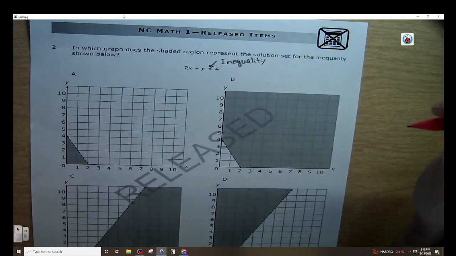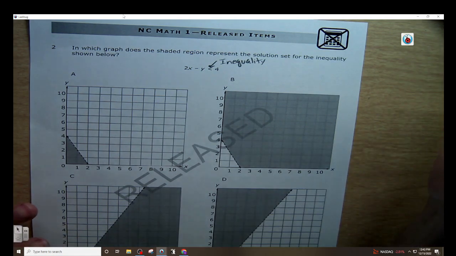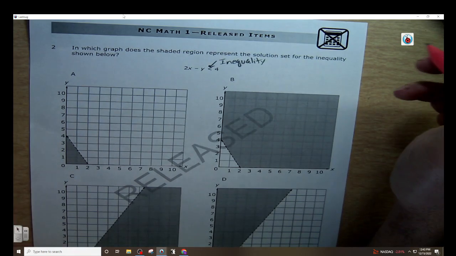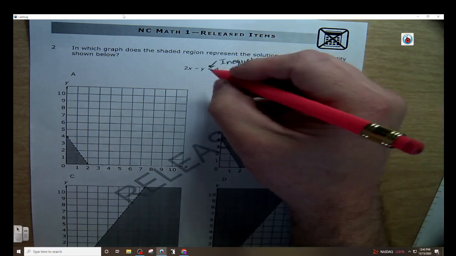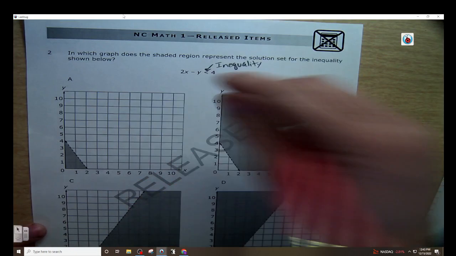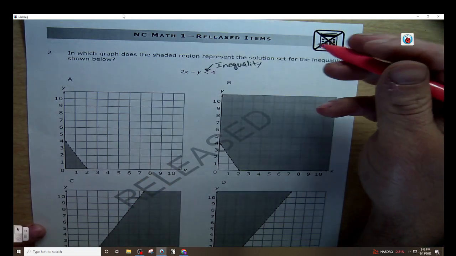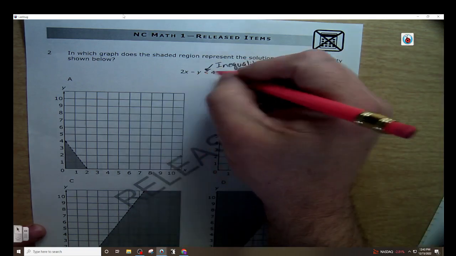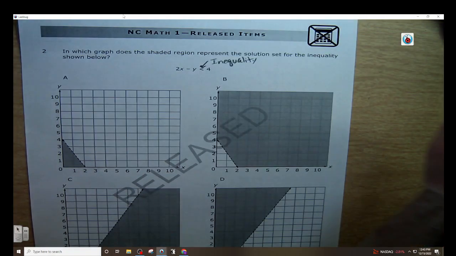Now there are several ways to solve this, but the way I would do it is I would choose a test point. I mean, you could change it into y equals mx plus b. You could do that, but that can turn into more difficult stuff.